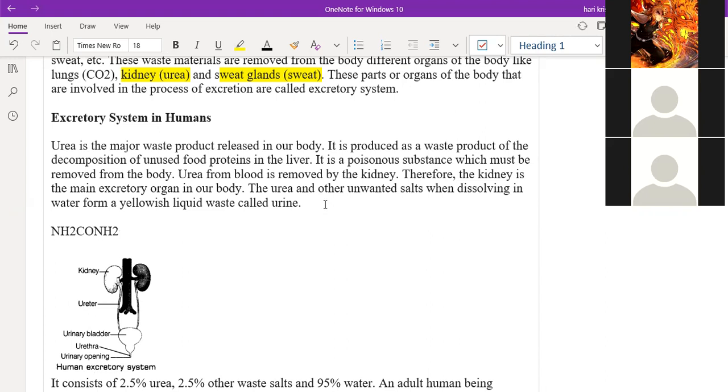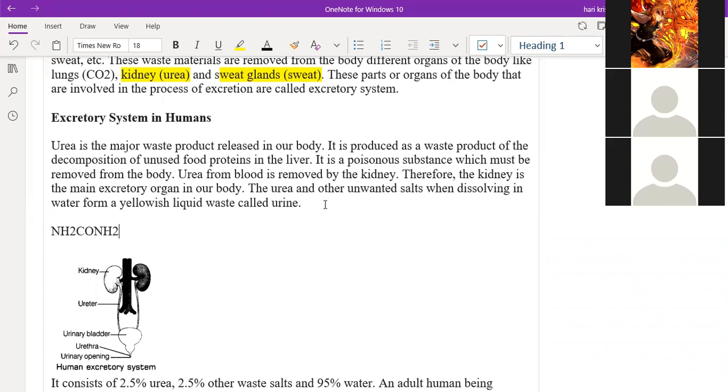Okay. So urea is one of the major waste products released in our body. So why is it released? Due to the decomposition of unused food proteins in the liver. So decomposition of unused food proteins in the liver will form urea. So how can we remove this urea from our body?